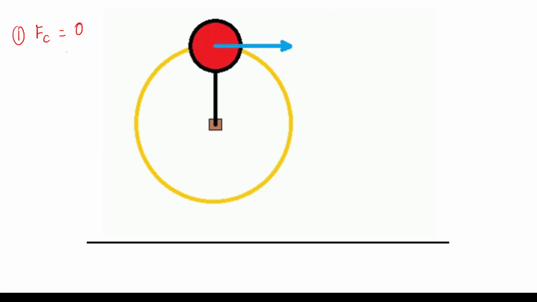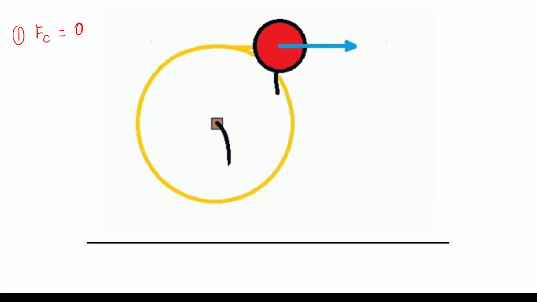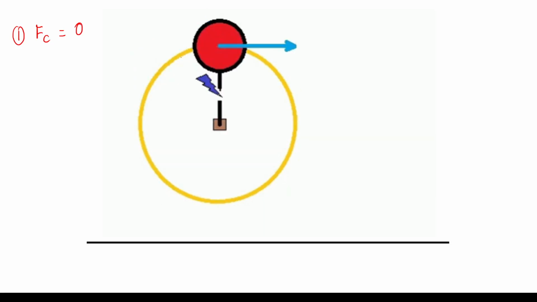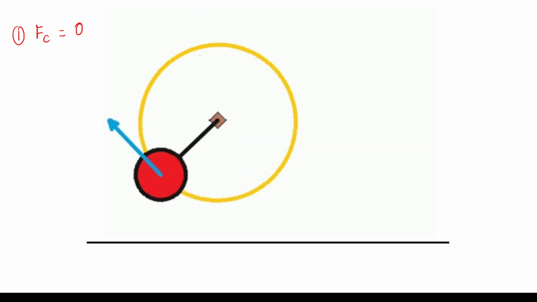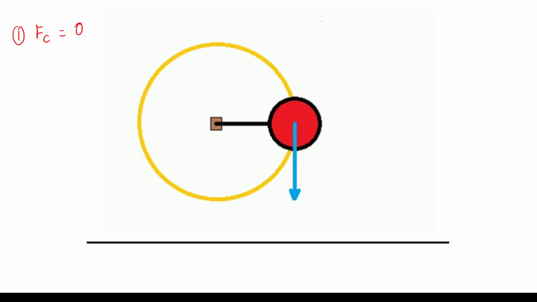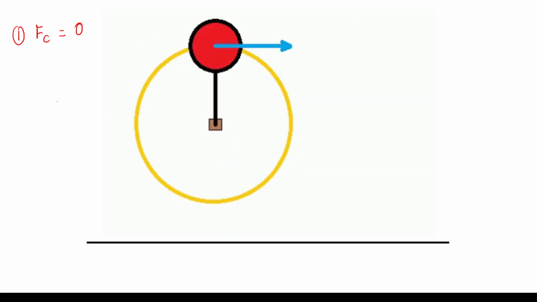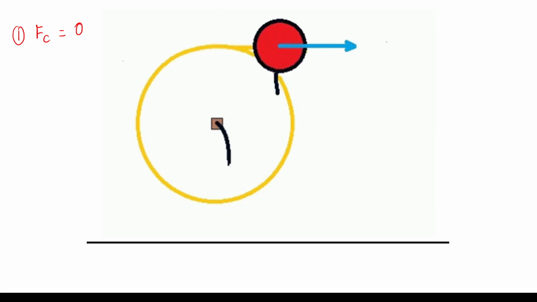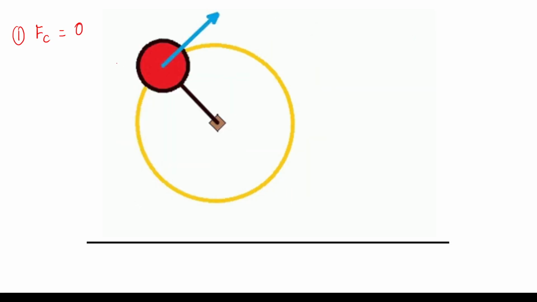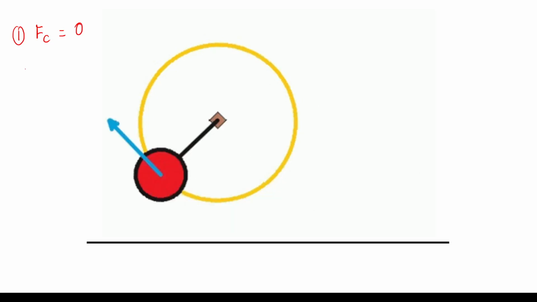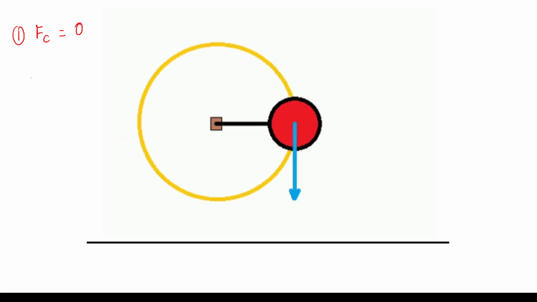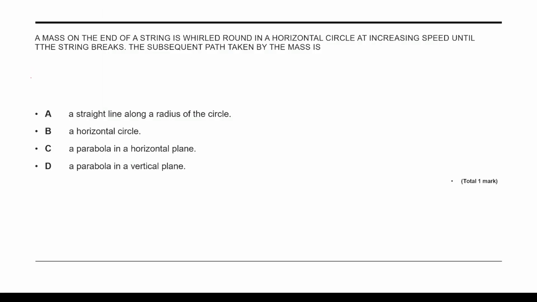So the minute centripetal force becomes 0, there's nothing for the ball to take a turn with. So it doesn't take a turn and keeps moving in a straight line with that blue velocity. Speed is still there, only the direction has stopped changing. Velocity has stopped changing its direction, because what has become 0? The centripetal force. Okay, let's do this question then.